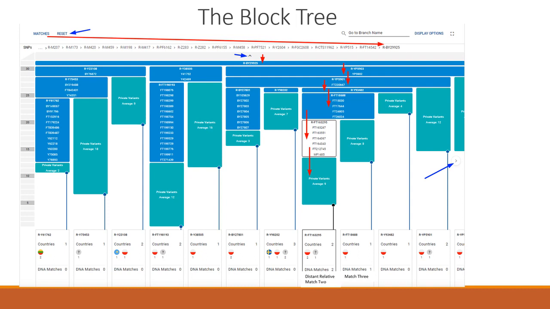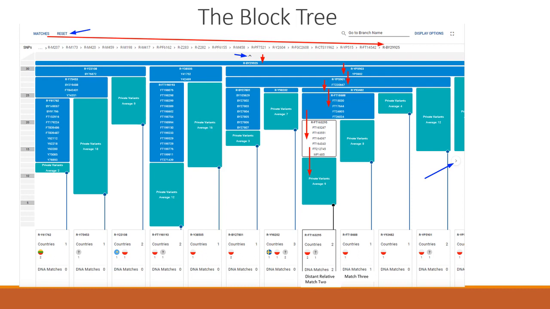And then you can see below my block with my terminal SNP, there's a green bar that says private variance average of 9, and that average is between the private variance for myself, or technically my dad, the private variance for my distant relative, and private variance for the guy who is labeled match number 2.